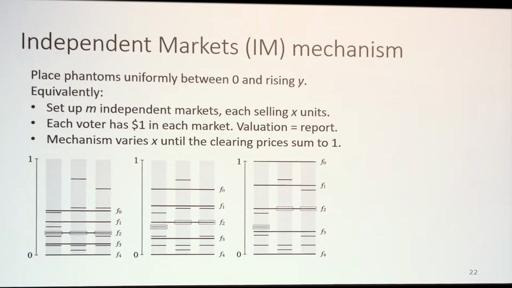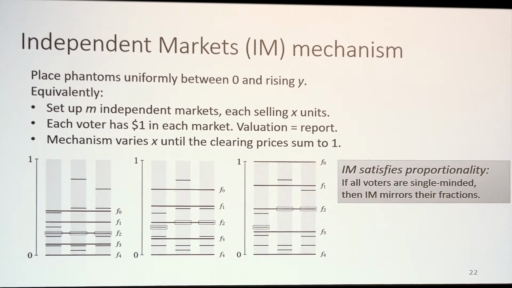So from that, we can reinterpret this mechanism where the phantoms are uniform between 0 and some increasing y, and state it equivalently. It sets up m independent markets, one market for each project, and in each market it sells x units of a good, a different type of good per market.